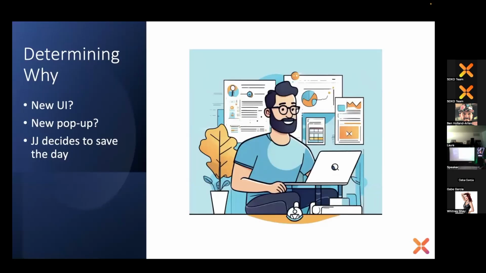So let's meet our new designer. His name is Austin. He's been with the company for roughly two months. He's pretty quiet and shy. While he's been with the company, the UI team has successfully deployed one new UI, and then they were forced to put in a pop-up after that UI was released.